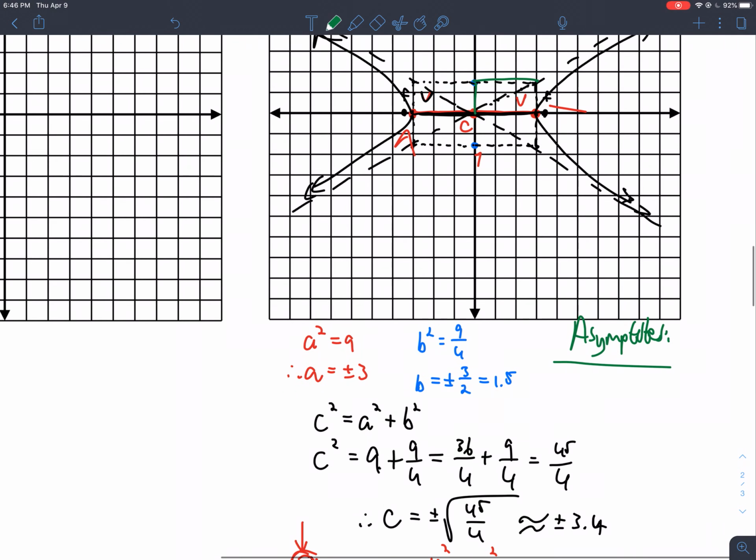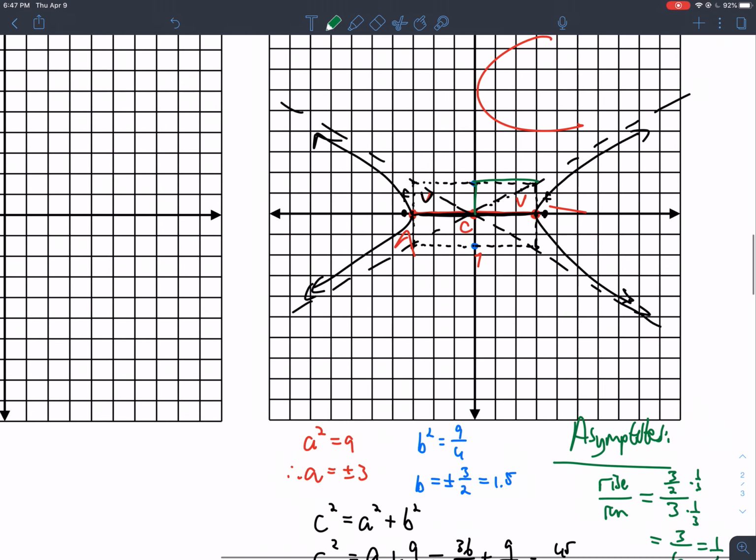So my rise over run is up 3 over 2, and I go over 3. And so then you can use that, multiply by a third, and you get 3 over 6. So that's a half. Does that seem right? Go up 1 over 2, up 1 over 2. Yeah, that does seem right.